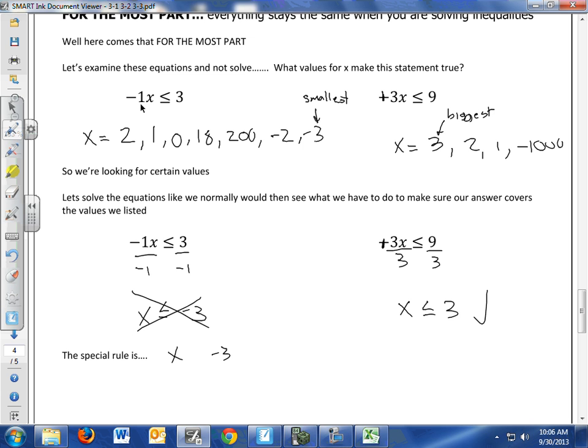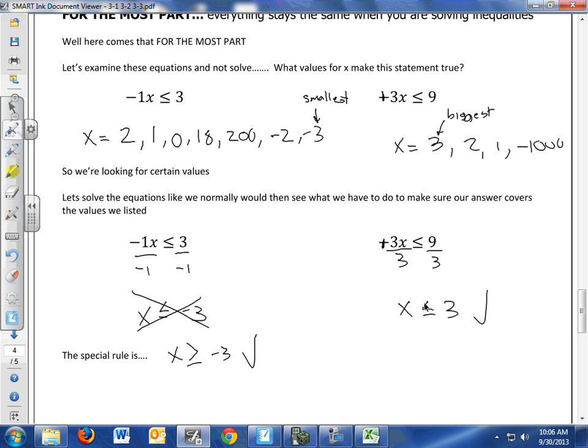What could I change, Ms. Cordova? Make this positive? The -1, make it a +1, then divide? Like, that would change my equation. That would kind of mess with stuff. Mr. Orsic? Now, let's see, if I flipped this and made it a greater than or equal to, well, this is our smallest. These are all numbers bigger than or equal to -3. This works.